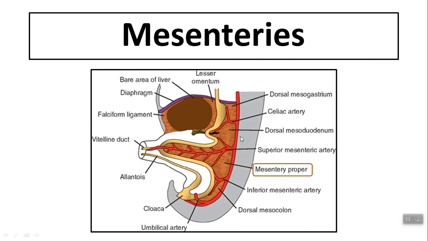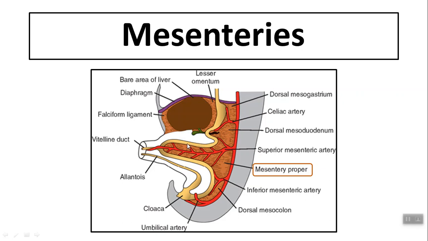For this diagram showing the embryonic origin of the mesentery, we have what we call the dorsal mesentery and the ventral mesentery. In the dorsal mesentery, we can see that the blood vessels of the GI tract pass through it from the abdominal aorta.